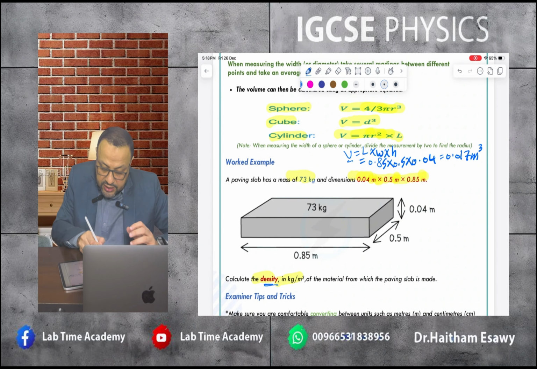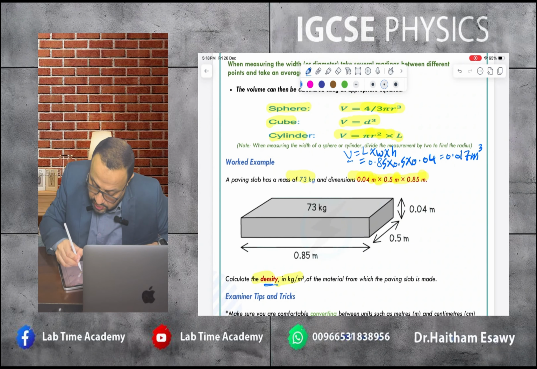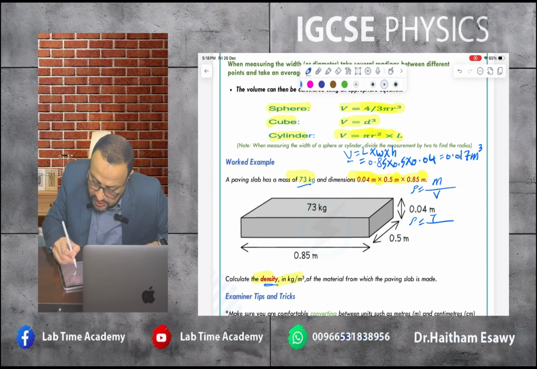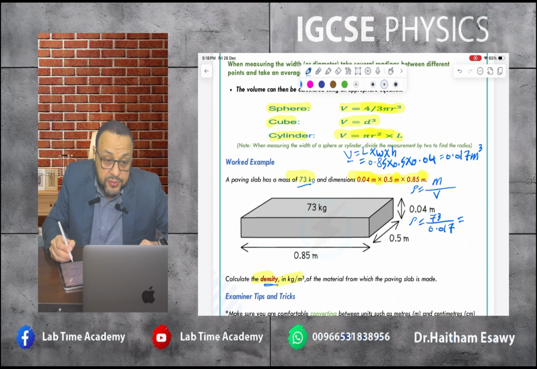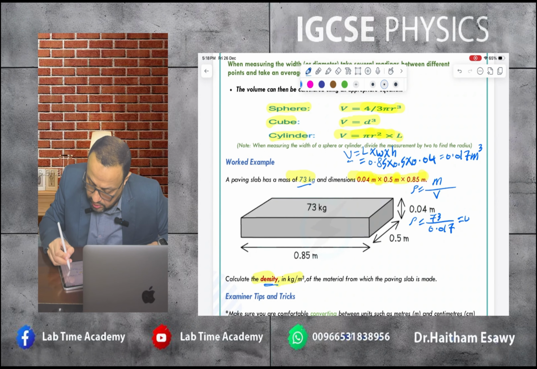So this will be the volume. And after that, it asks you to get the density. So rho equals mass divided by volume. Here we have rho equals the mass, which is 73 kilograms. We will not convert anything. So 73 divided by 0.017, and you can obtain the final answer, which is 4300 kilograms per cubic meter.